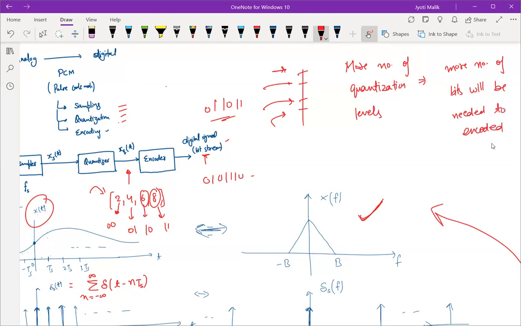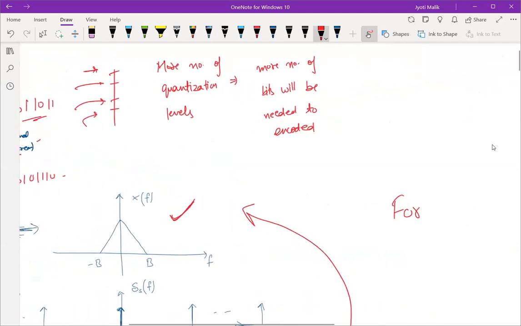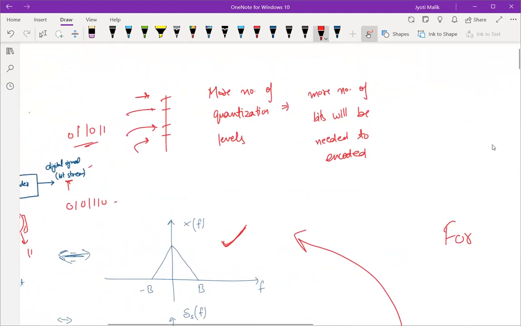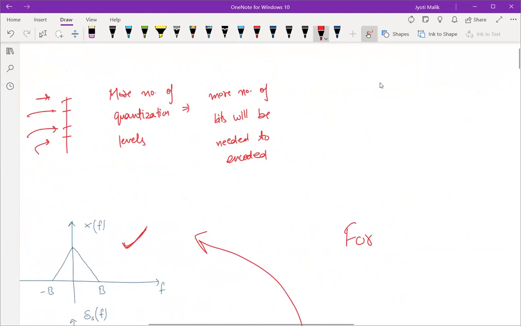Have you studied digital electronics? Yes. Okay, very good. Using 2 bits, how many numbers can be represented? 4. Using 3 bits, 8 numbers.